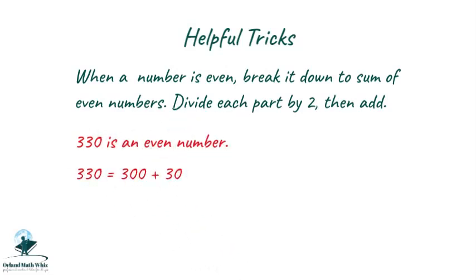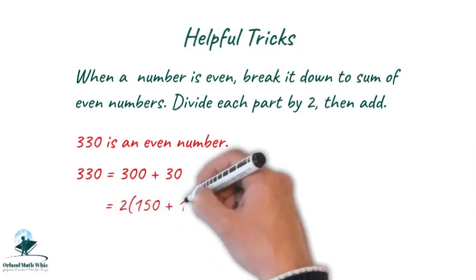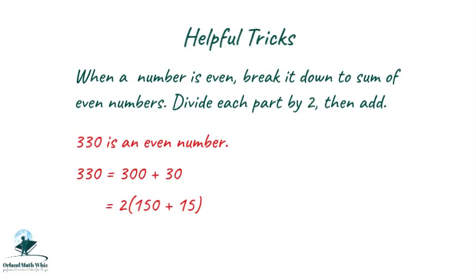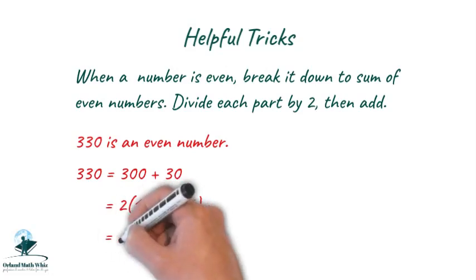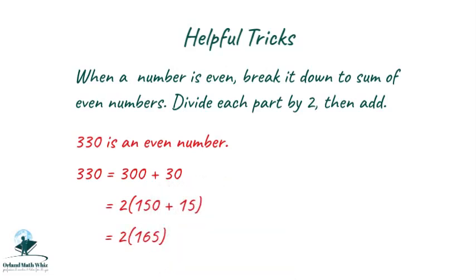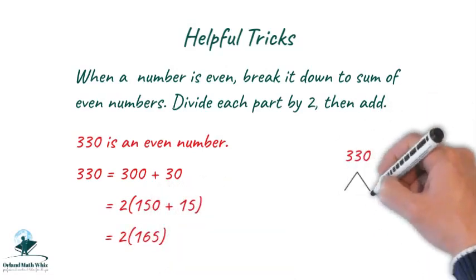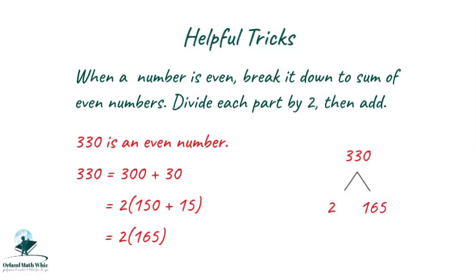Then, you can take half of 300, which is 150, and half of 30, which is 15, and then add them. This is 150 plus 15, which is equal to 165. So, 330 is 2 times 165. Then, you can continue from there.